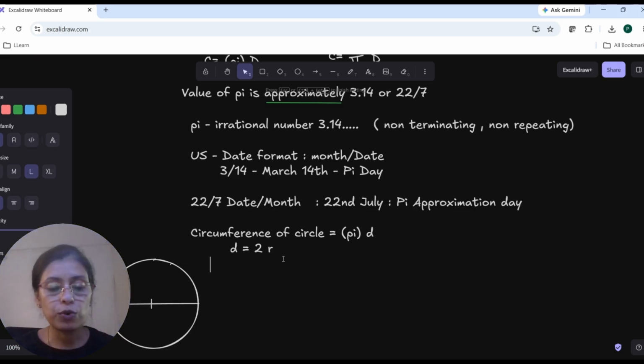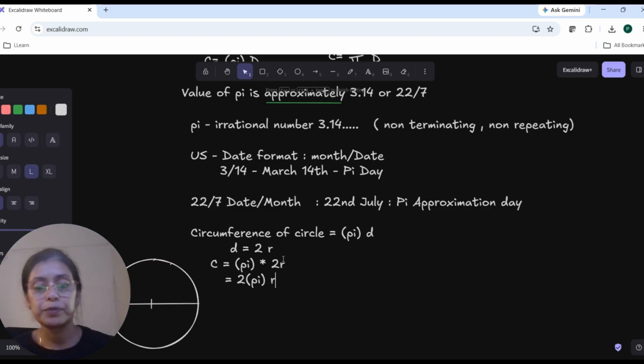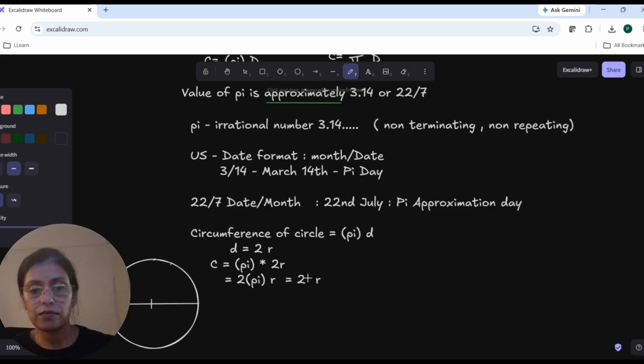So if we have to write circumference of the circle in terms of the radius, then we'll write pi into 2r, or it becomes 2 pi r, or you can also say how it is written is, if we put the symbol of pi, this is 2 pi r.